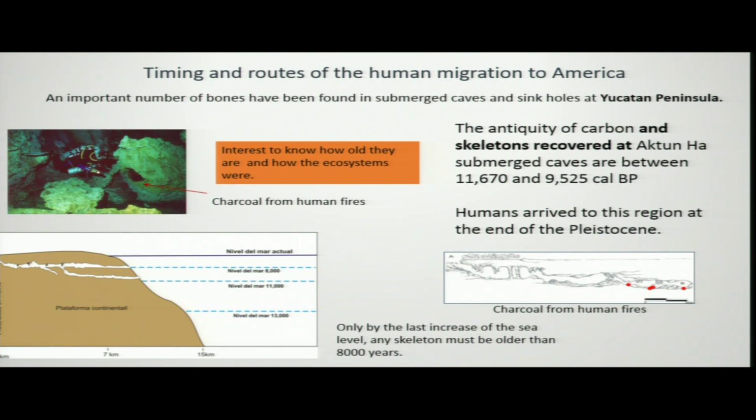The timing and routes of the human migration to America is an important study, because we don't know if humans really arrived to the peninsula of Yucatan, when that happened, and also what kind of environment there was at that time.